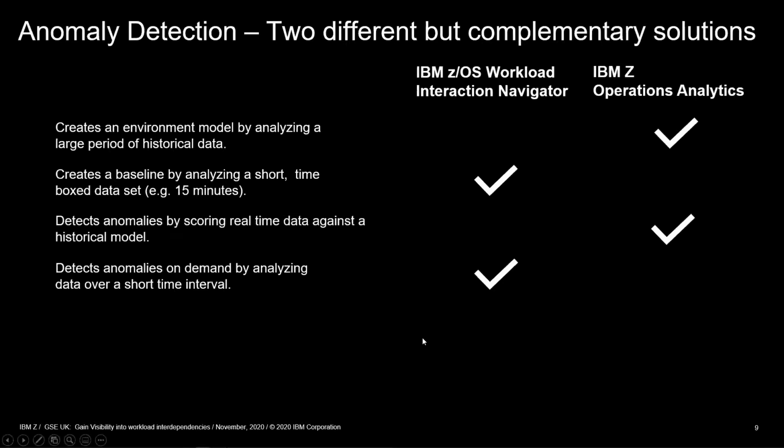Once we have that baseline for information, what the z/OS workload interaction navigator is doing, as Dan showed, is looking for those outliers across that data. So we can see all of those different little peaks that happen to correlate to those drops in CPU, or the little spikes that we saw in the IXG logger, right?